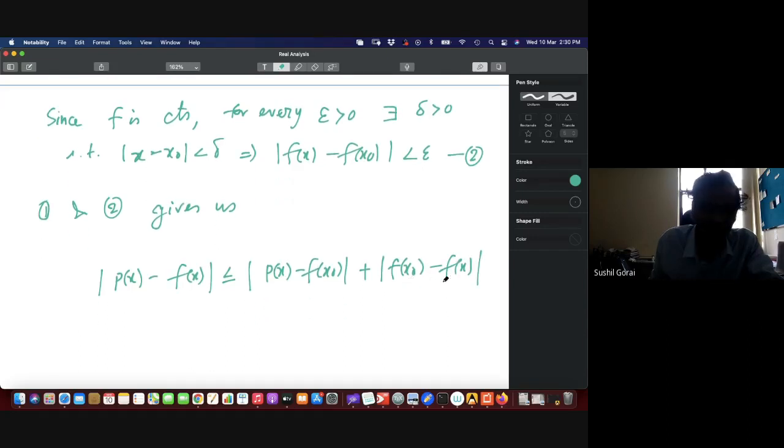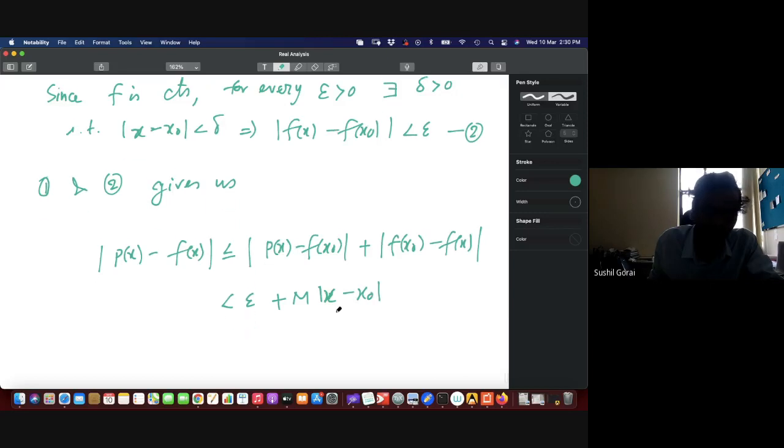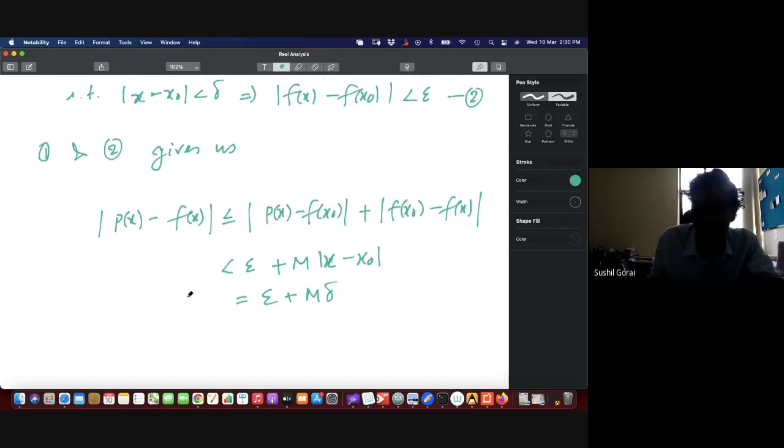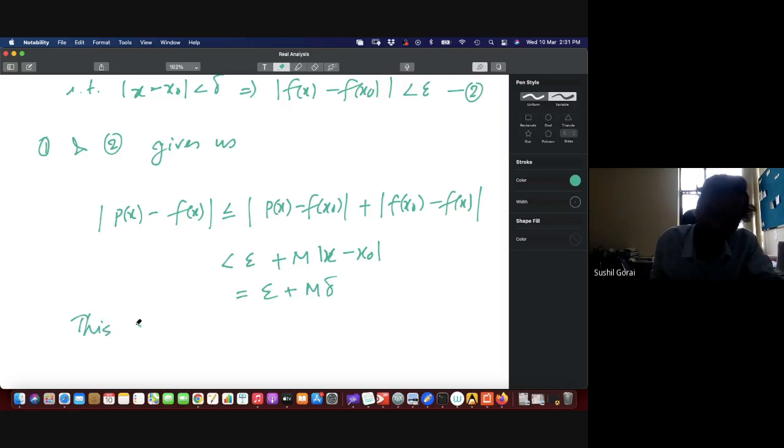Now this part is less than epsilon, and this part is m times x minus x naught, which is nothing but epsilon plus m delta, right? So this gives the zeroth order of approximation. Is this clear now?